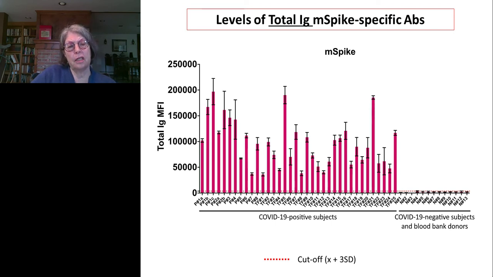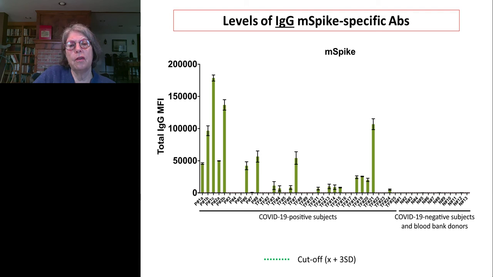This is a slide that shows you levels of IgG-specific anti-spike antibodies. And this was a surprise to us because there were many of the COVID-19 patients that are shown in the left 2/3 of this graph that had very good titers or levels of IgG, but there were several that had very low levels or no levels of IgG.